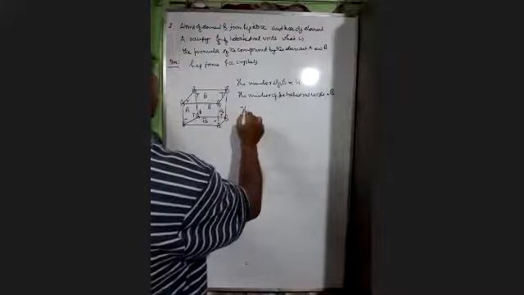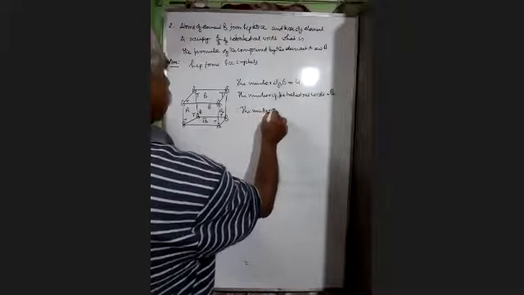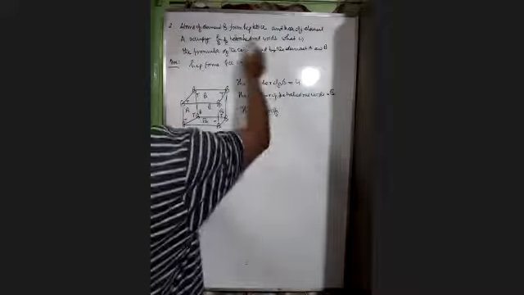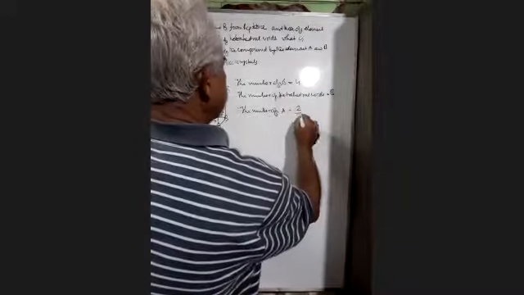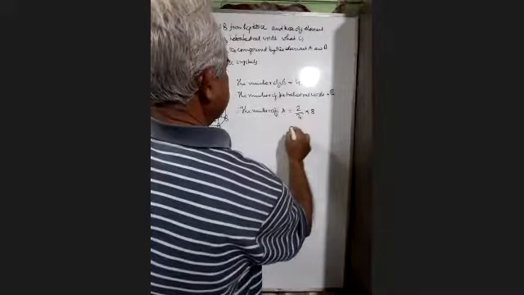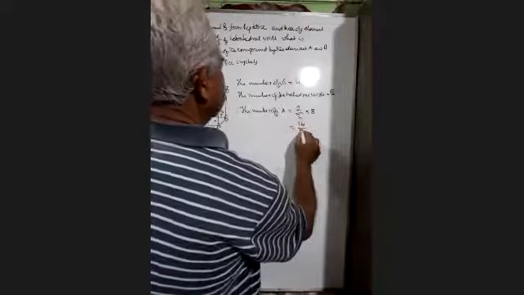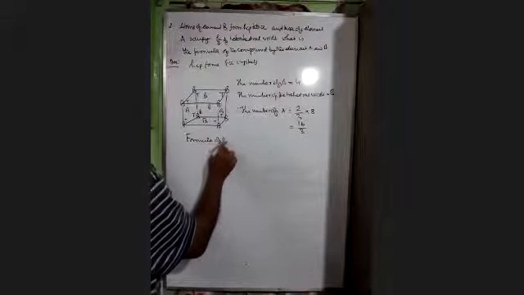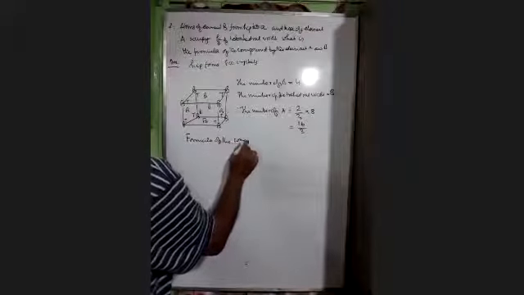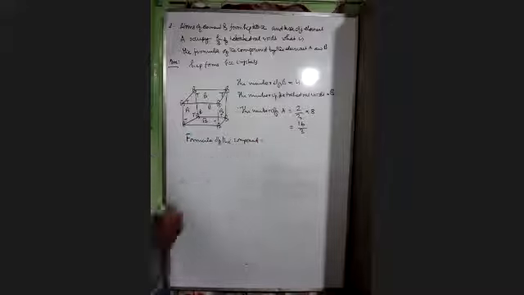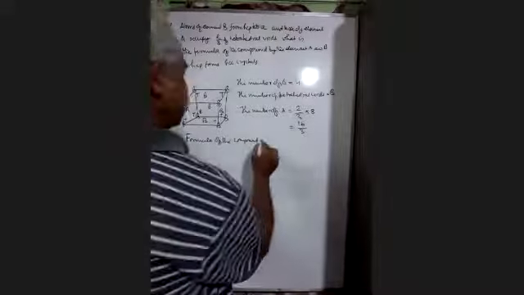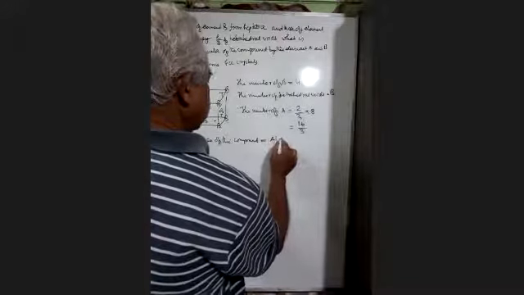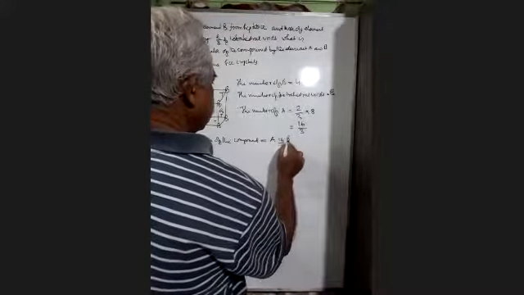Therefore, the number of A, all are not occupied. What should I write now here? 2/3 into 8. So how much does it come? 16/3. So what is the formula of the compound? The formula of the compound will be A16/3 B4.